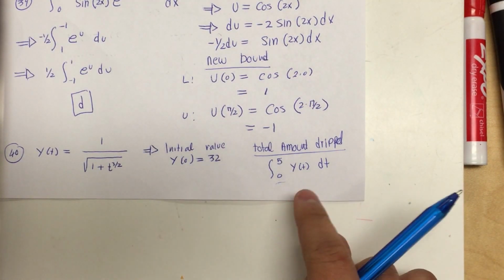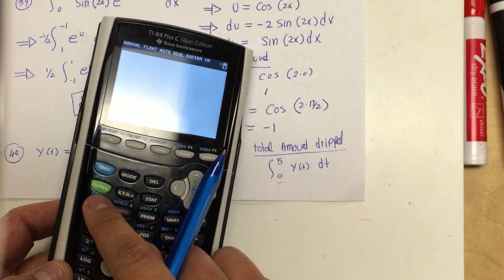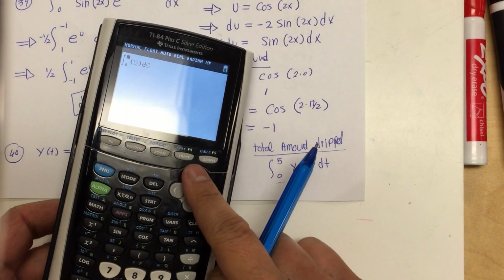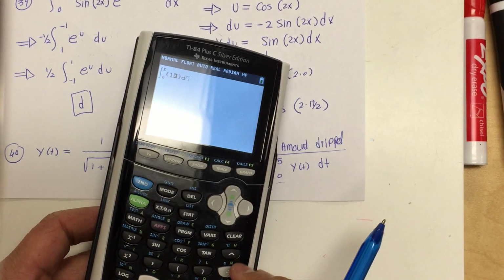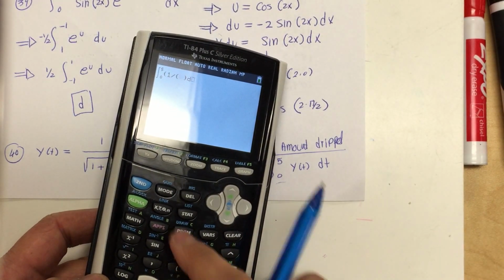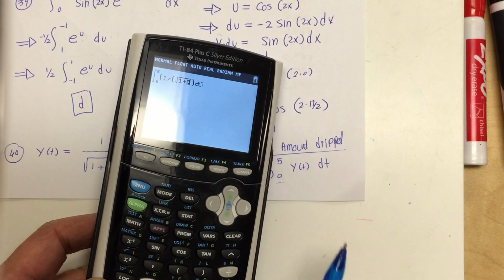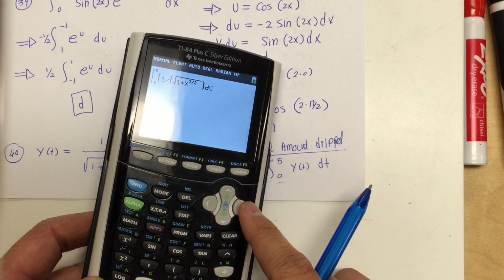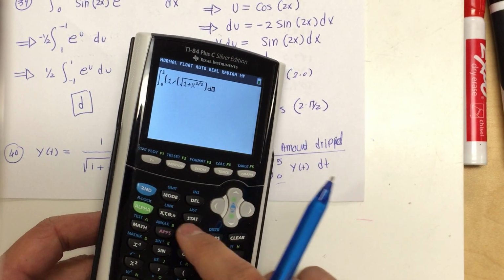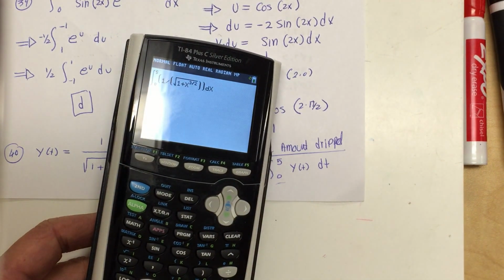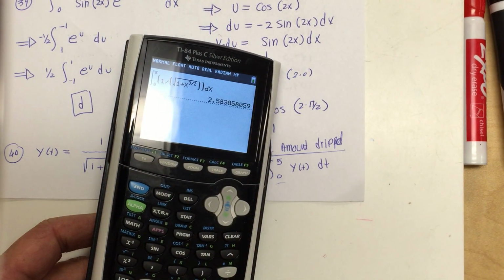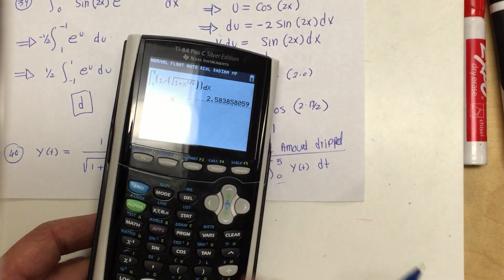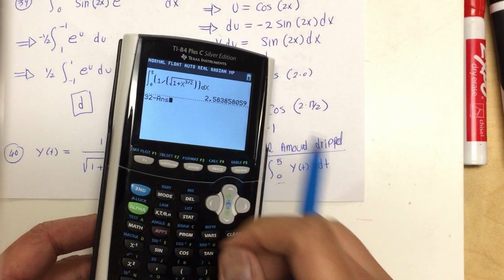This is the function. So math 9, and then we go from 0 to 5. 1 divided by parentheses square root 1 plus x raised to the 3/2, with respect to x, and that's going to give us a number. And as you can see, 2.58 ounces has dripped. Now remember that we started with 32, and in 5 minutes, that's the amount that has left the bottle.